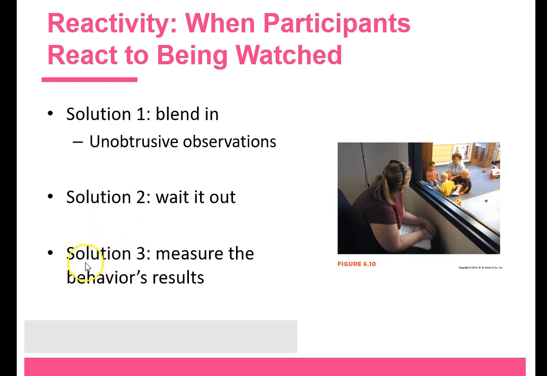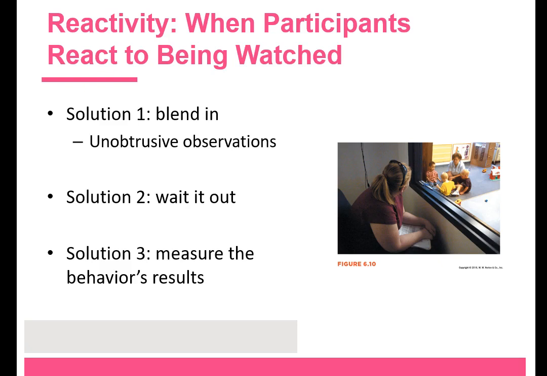And if those are not options, solution 3 is measure the behavior's results. Maybe you can actually measure the behavior without significant issues with reactivity. Like I want to observe how much junk food somebody eats, and so I'm going to do a home observation.